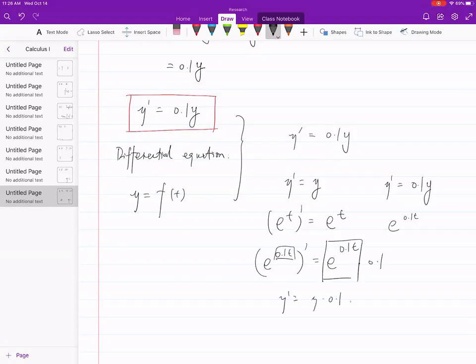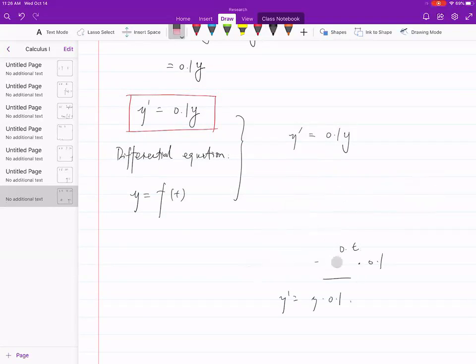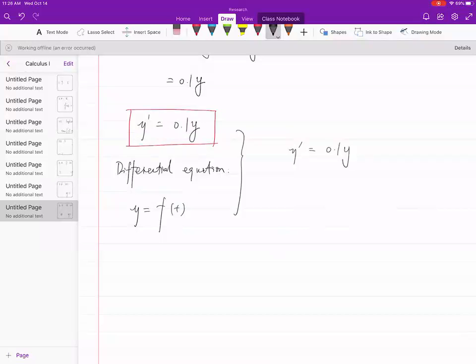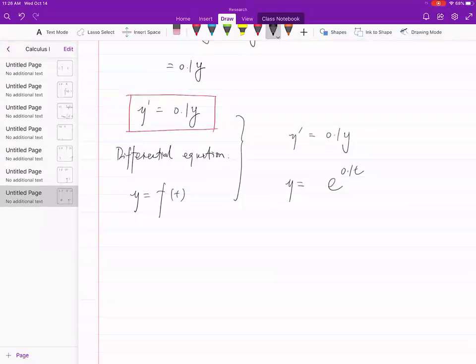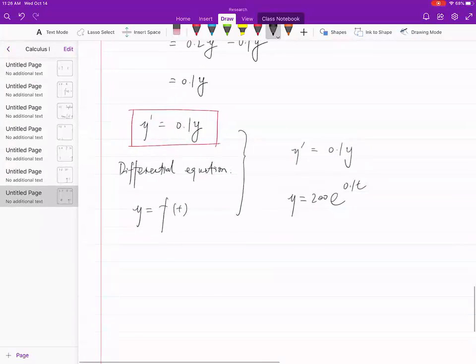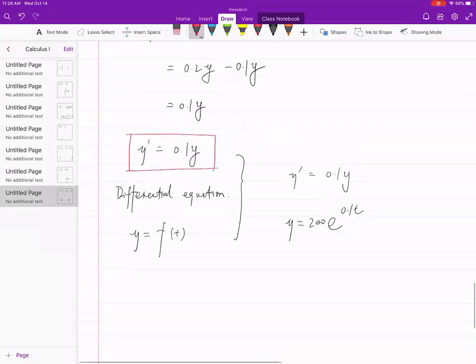So you got it. We have the solution. By guessing, we got it. Beautiful. Of course, to continue the initial condition, we actually have 200, but that's not important here. The important part is we have this solution.